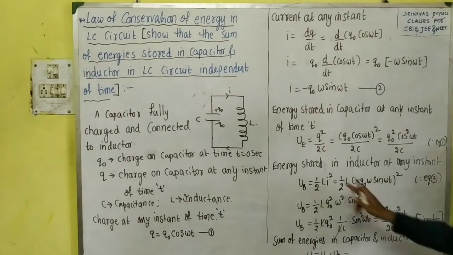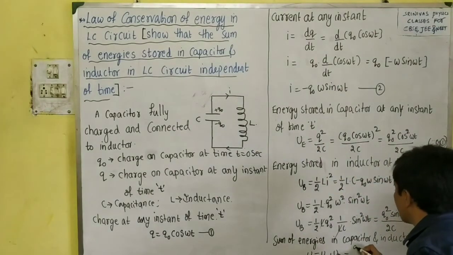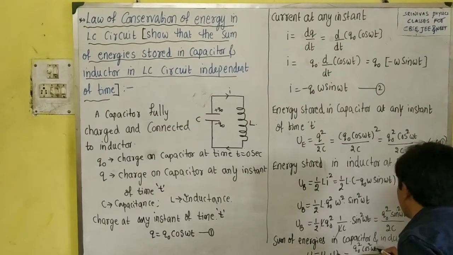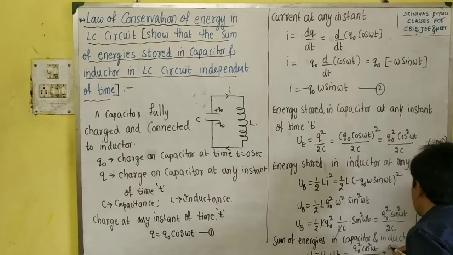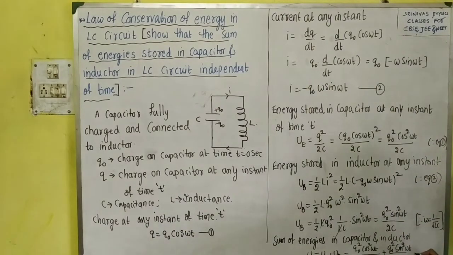For UE we got Q naught square cos square omega t by 2C, plus Q naught square sin square omega t by 2C. Q naught square by 2C is common, and the remaining is cos square omega t plus sin square omega t. Its value is 1. Then finally we get Q naught square by 2C.